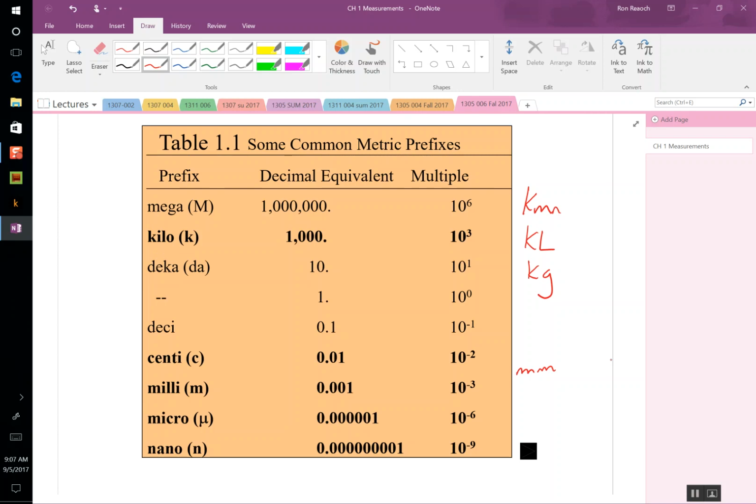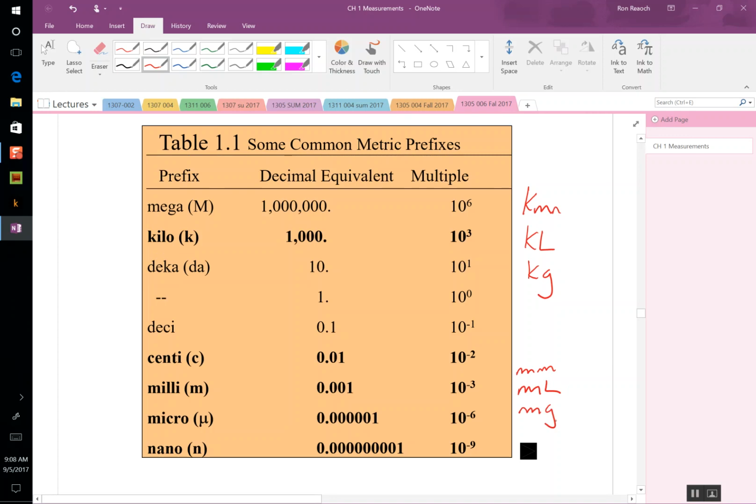So maybe the thickness of 20 pages. I've never figured it out, but 20, 30 pages is about the height of a millimeter. It's 1/1000th of a meter. You're going to see us use this a lot. Milliliter. Milligram.